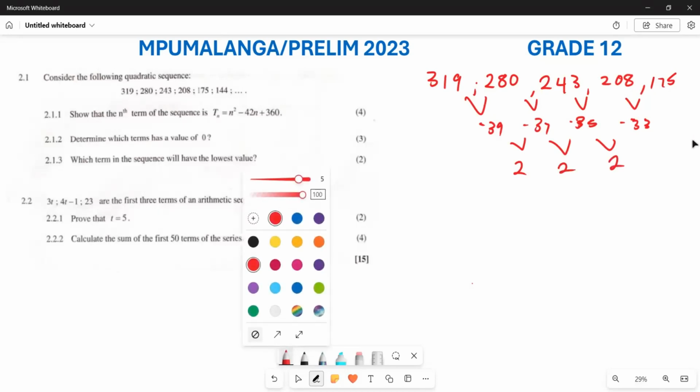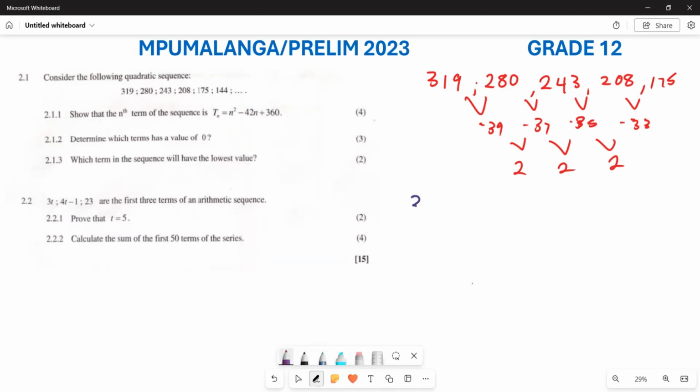Now that you know that, you continue. You start by finding the value of a. 2a is equal to the second difference, 2, so you equate them, which means the value of a is 1.